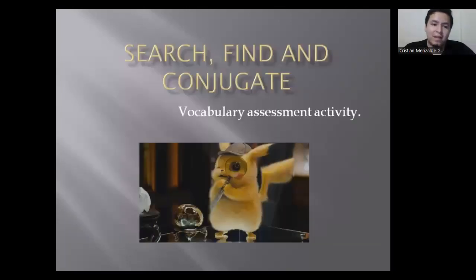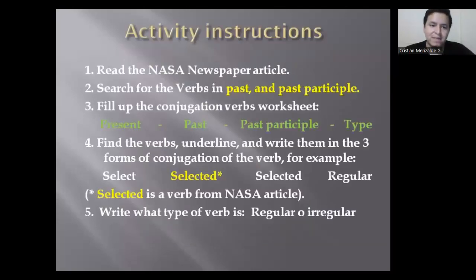Now, let's see the next activity for assessing vocabulary. This activity is named Search, Find, and Conjugate, Vocabulary Assessment Activity. What will this activity be about? The first thing that you will do, dear students, is read a newspaper article from NASA.